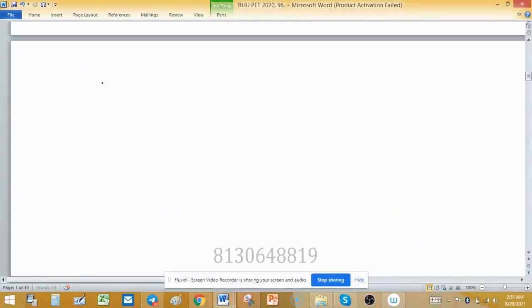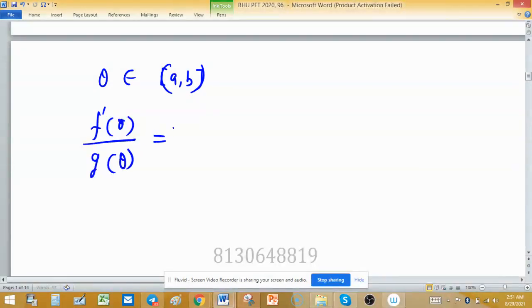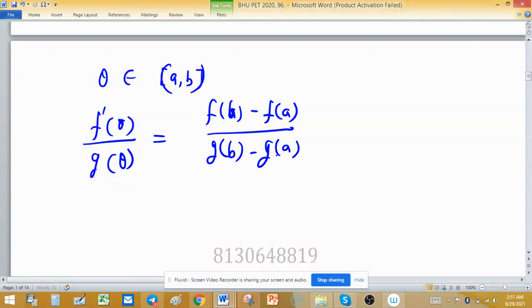So theta: suppose functions f and g are continuous over closed interval [a,b], and theta belongs to open interval (a,b). Then I can write f dash theta upon g dash theta equal to f(b) minus f(a) divided by g(b) minus g(a).